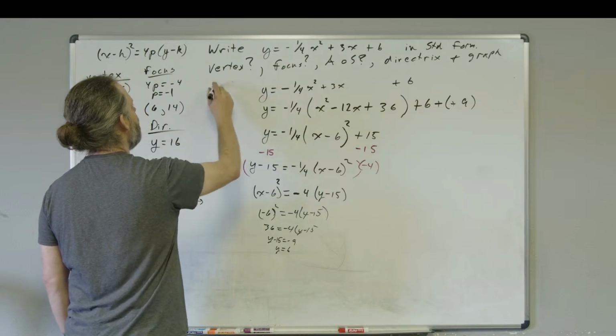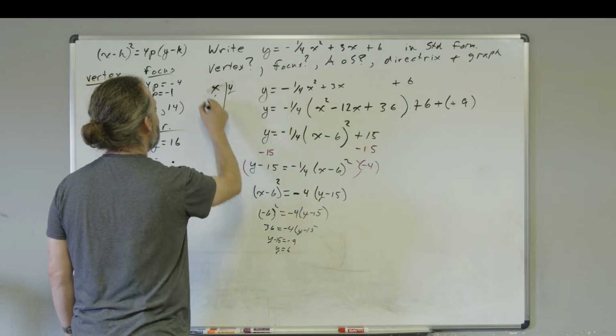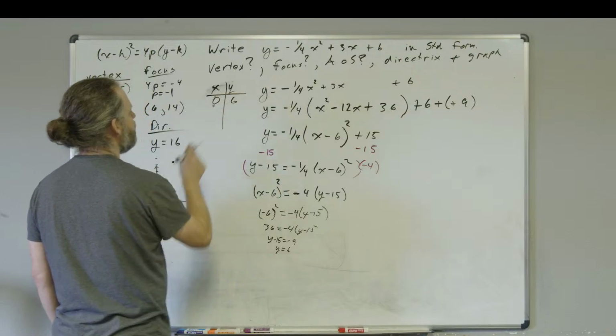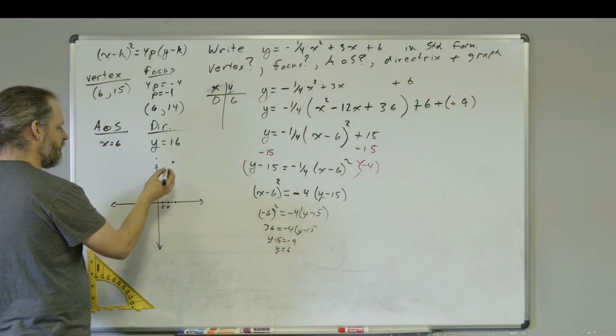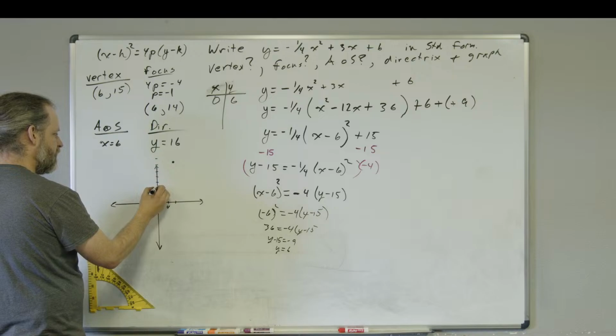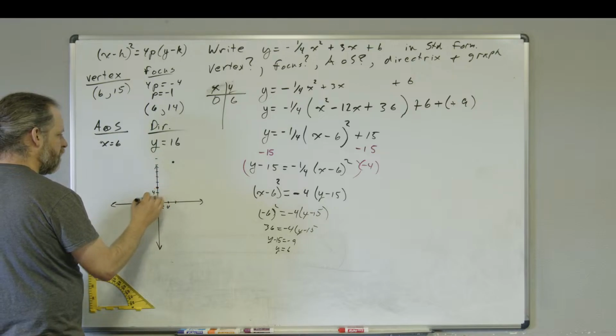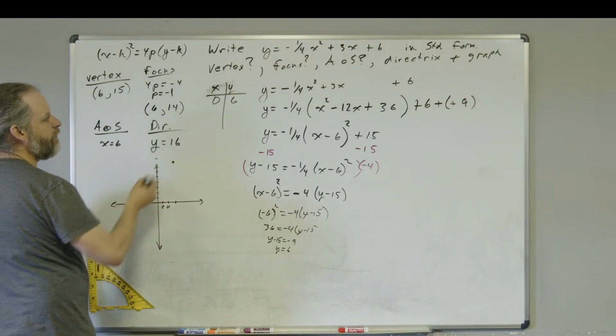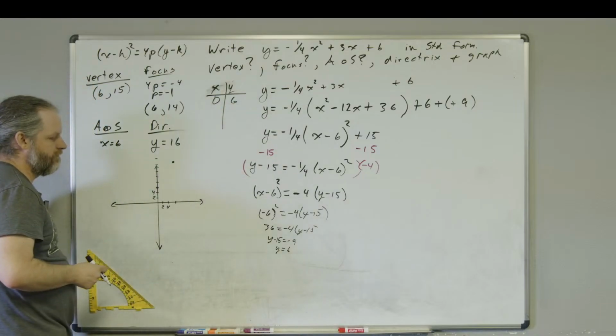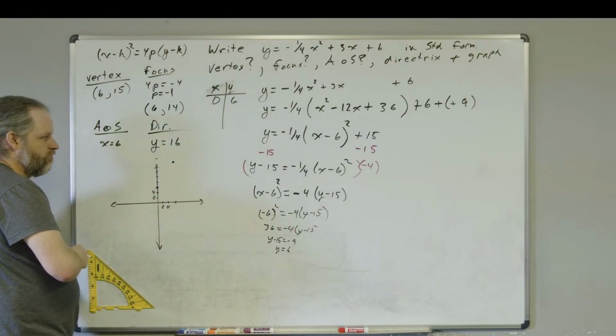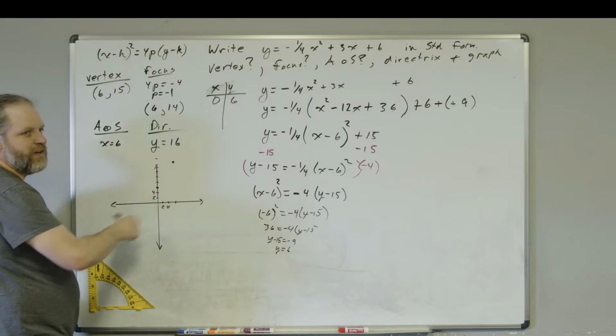So 0, 6, 2, 4, 6. So that also means we're going to have another point where? So 12, 6, right?